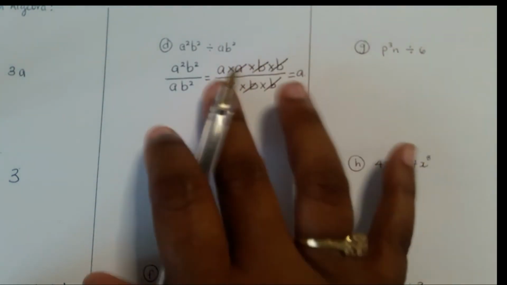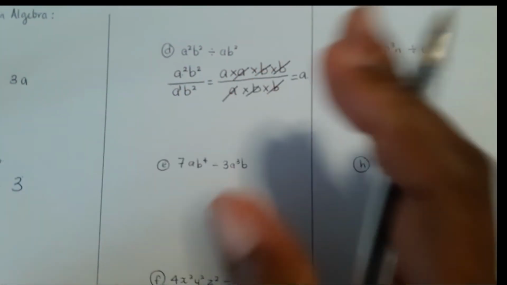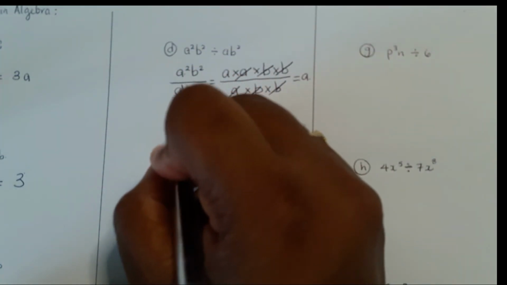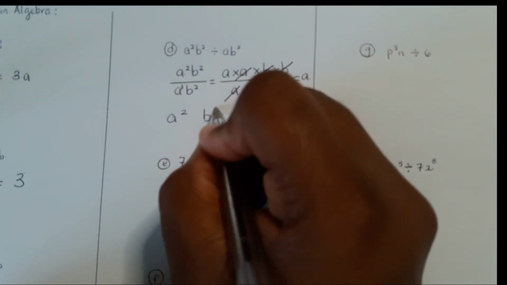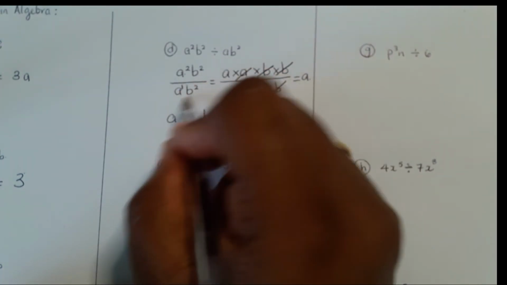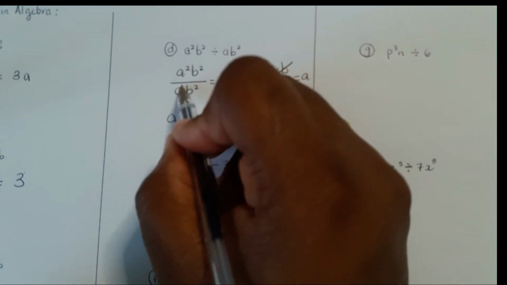But instead of doing all of this, what you can do, you look at this, you put a 1 here, just to ease your mind, and you take everything that's in the numerator and just write it out nice and big. You look at the denominator, so this is the denominator down here. Everything underneath the line is the denominator. So you look at them and you say, well, a matches back to a, and it has a 1 here, so we're going to just subtract 1.